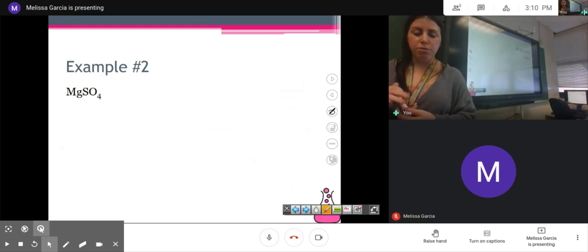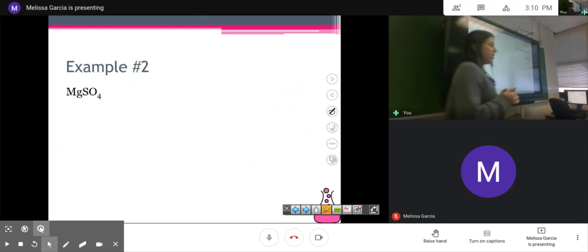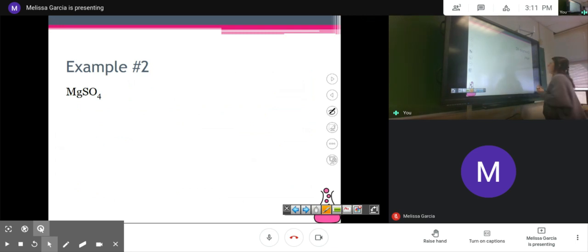So another example of this would be MgSO4. If I look at this compound, again, I'm trying to figure out what the polyatomic ion is here, and I see that I have this SO4. If I look on table E, this ion has a -2 charge. If I look on my periodic table for magnesium, I know when it forms an ion, it'll form an ion with a +2 charge.